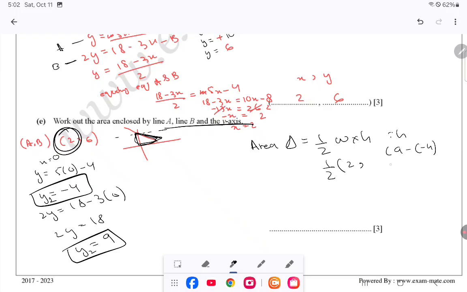So the height will become positive 13. So the value of height is 13. The 2 cancels and the area will be 13. So this is our part E of question 2.